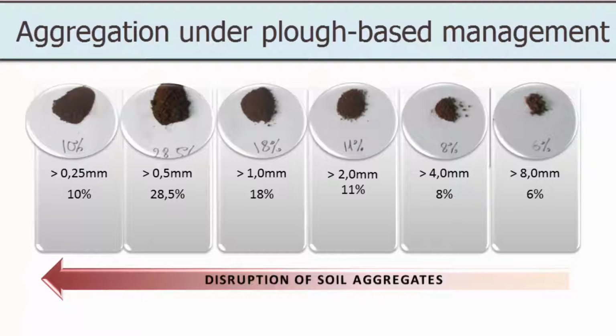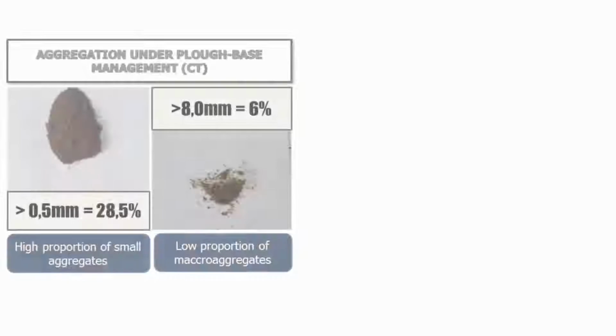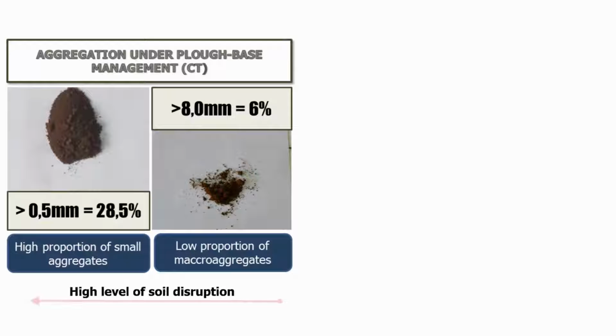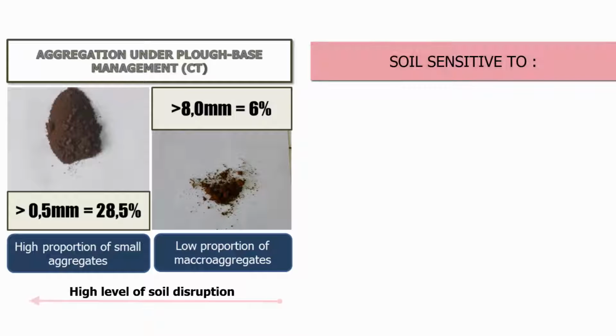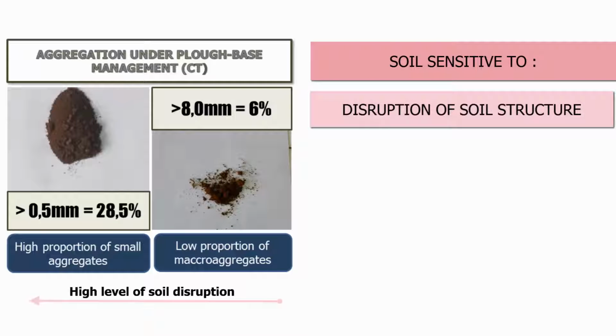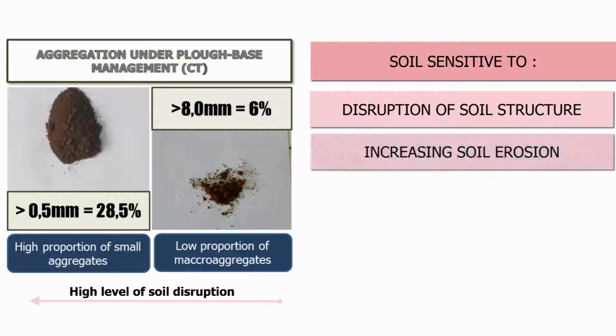So what does it mean? Obviously, under plow-based management, the soil is disturbed every year, so we have this process of disaggregation of the soil structure, and so the soil is much more sensitive to the runoff, to the soil erosion, water and wind erosion in fact.